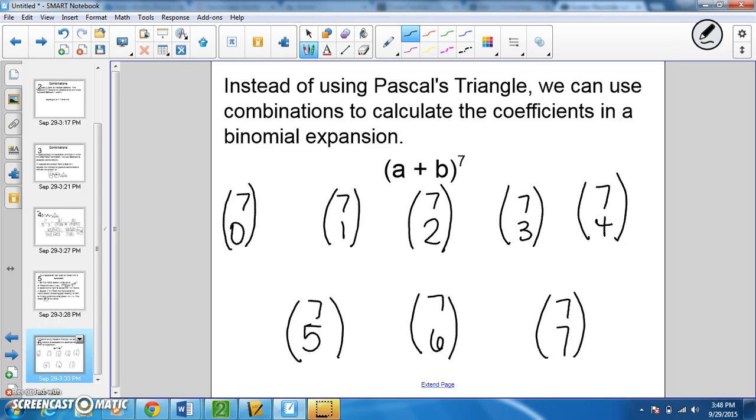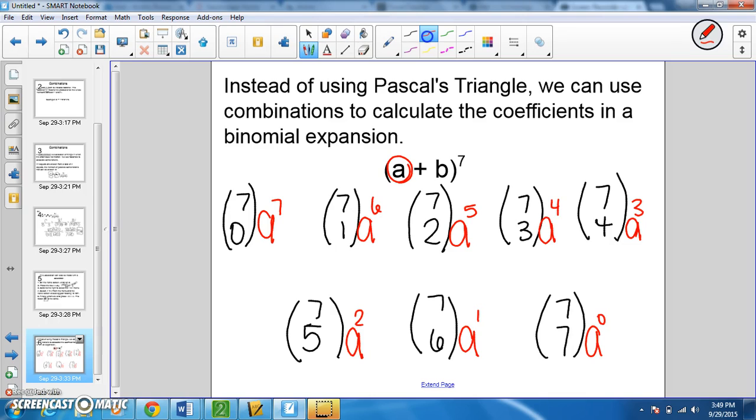We also know that our first term is a, and it starts out at the power of 7 and goes down to 0. So we have a to the 7, a to the 6, a to the 5th, a to the 4th, a to the 3rd, a to the 2nd, a to the 1st, and a to the 0 power.